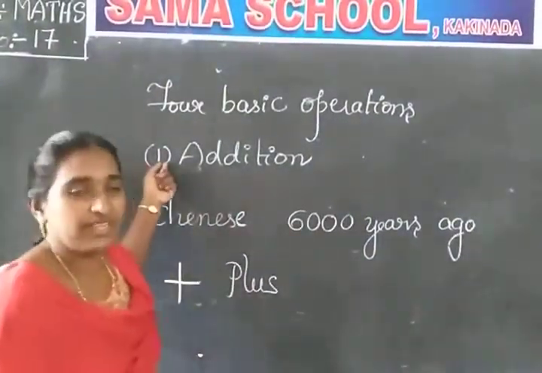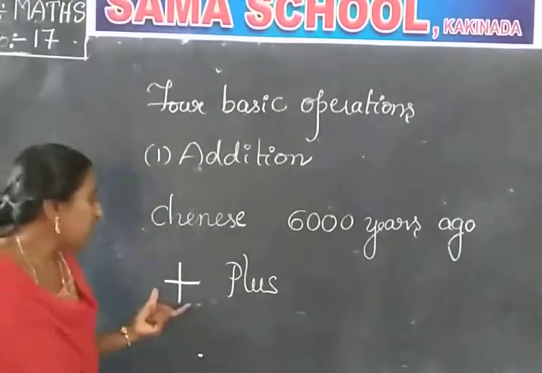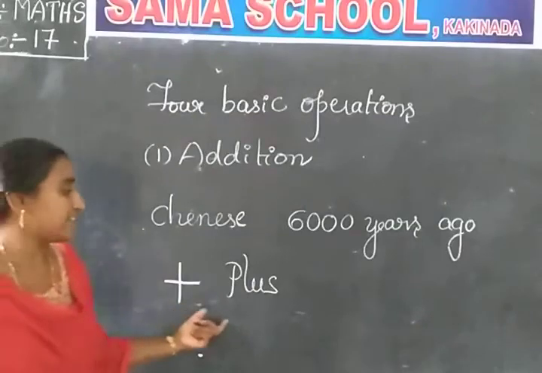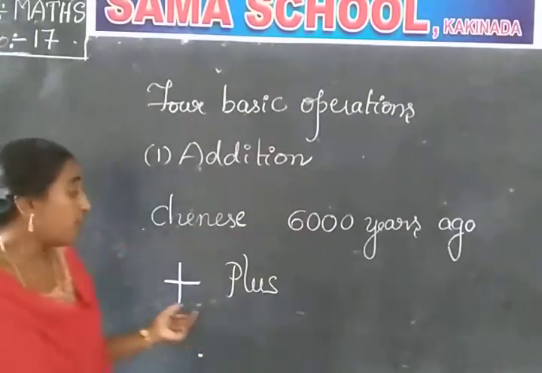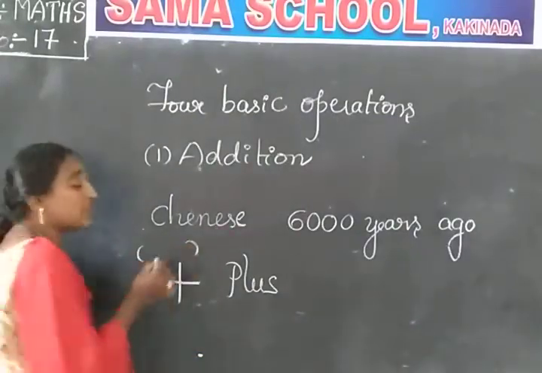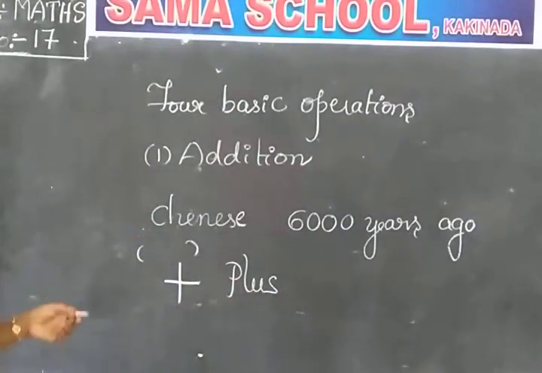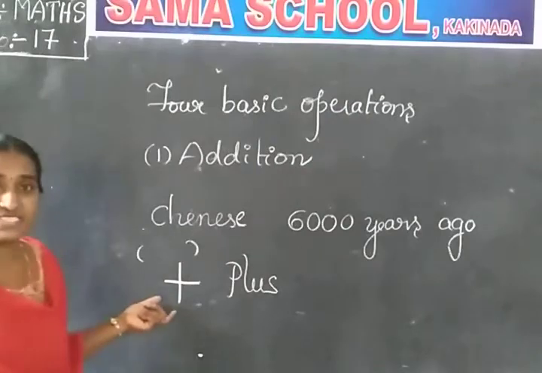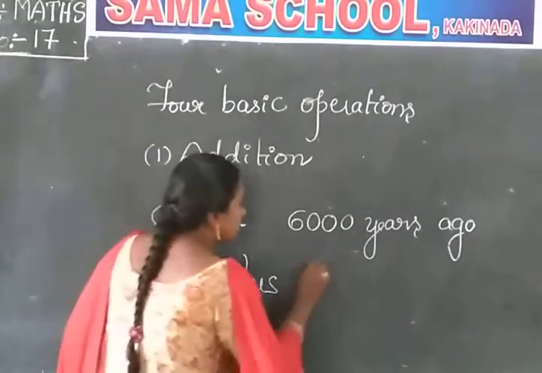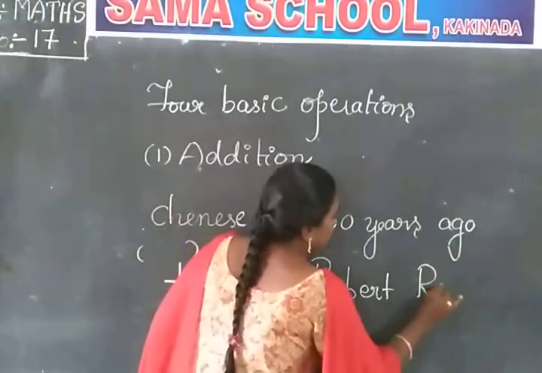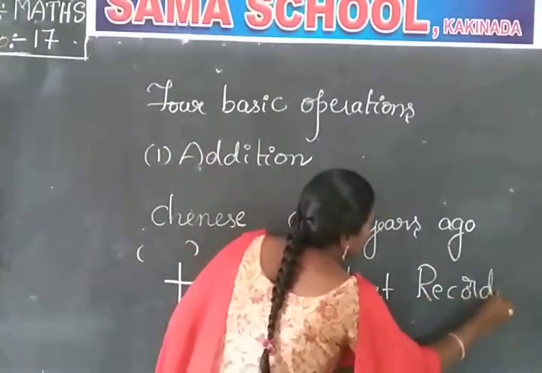Do you know this, children? When we are doing addition, we should represent it using this symbol. This symbol is known as plus. And who designed this symbol? Robert Recorde.